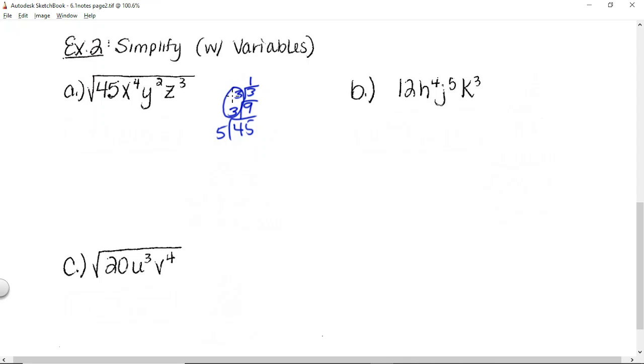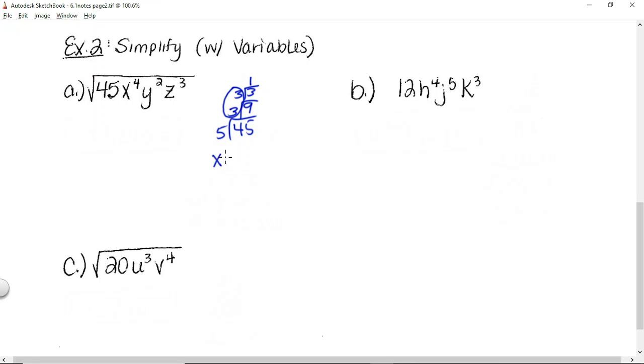But while we're at it, we're going to also look for groups in the variables. So the factors, with the numbers, the prime factorization is the factors, 5, 3, and 3. But with variables, the factors are the variables. So we have this x to the 4th.